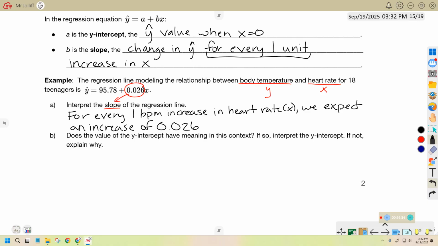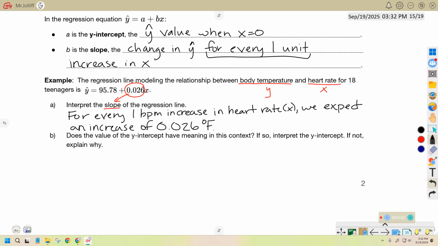And then what is Y measuring? Temperature in Fahrenheit. For every 1 BPM that heart rate goes up, I expect the body temp to increase by 0.026 degrees Fahrenheit. So as the heart rate goes up by 1, the temp goes up by a little bit. Not so bad. Not so bad.